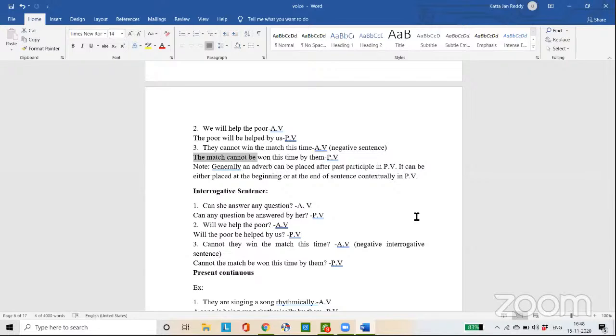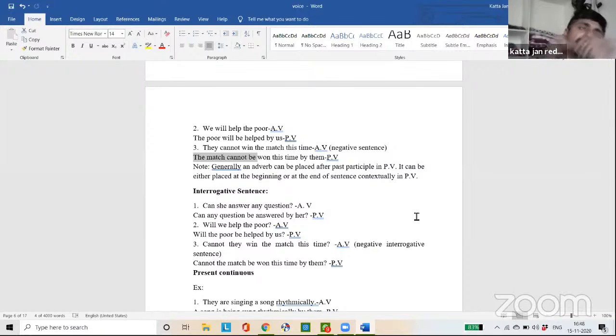No. Cannot becomes could is possible only in direct and indirect speech. Okay, there is no mistake in this highlighted phrase. The match cannot be, no mistake in that.